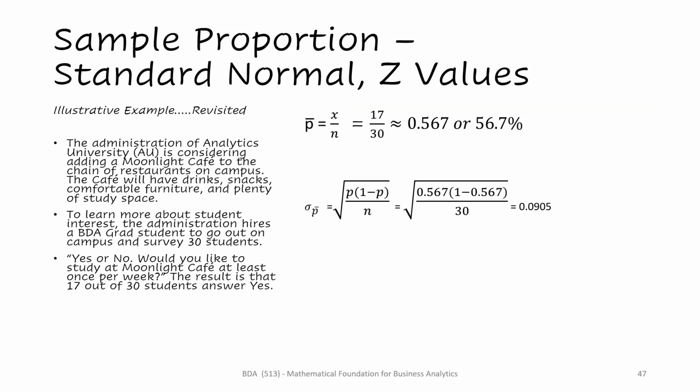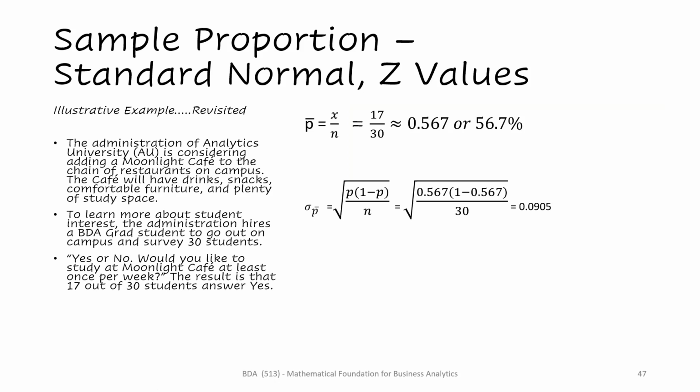So let's put some figures to this so that you understand what we are saying. The same example: the administration of Analytics University is considering adding a Moonlight Cafe to the chain of restaurants on campus. The cafe will have drinks, snacks, comfortable furniture, and plenty of study space.